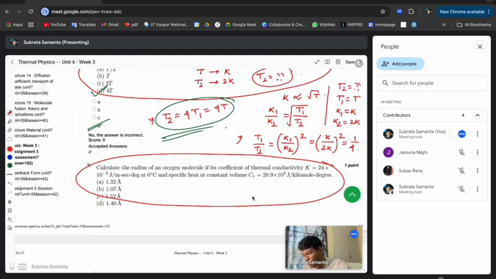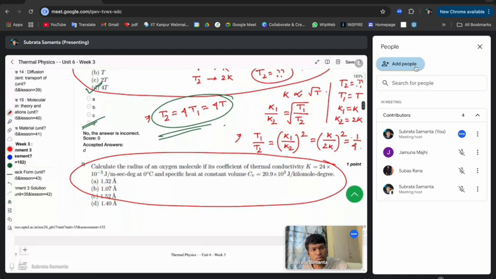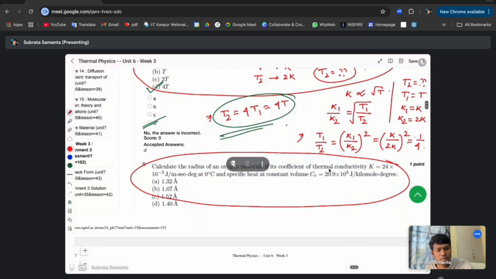The third question is: calculate the radius of an oxygen molecule if its coefficient of thermal conductivity K is 24 times 10 to the minus 3 joule per meter second degree at 0 degree centigrade.